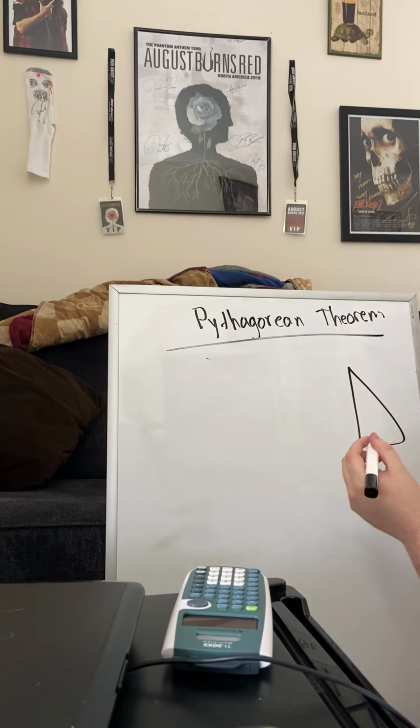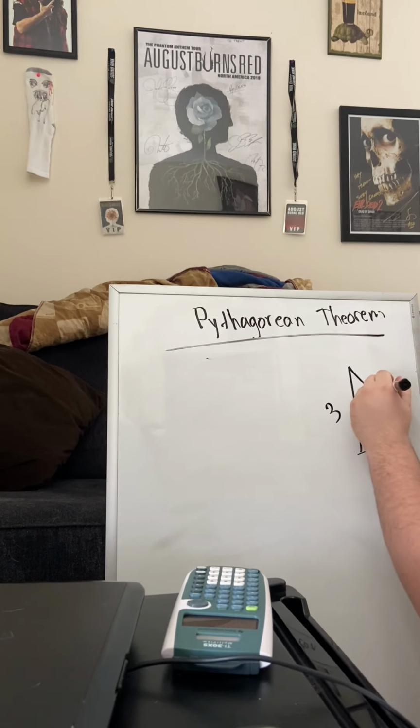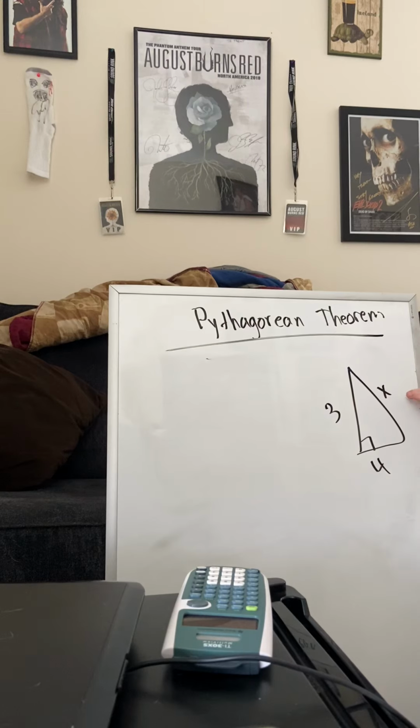All right, let's say this is 3, this is 4, and this is x. We want to figure out what this side is, right? So we know that the x is the side that is opposite of the right angle, correct? So this is going to be missing. But we do know that 3 and 4 are my a and b. So let's plug it into the formula.